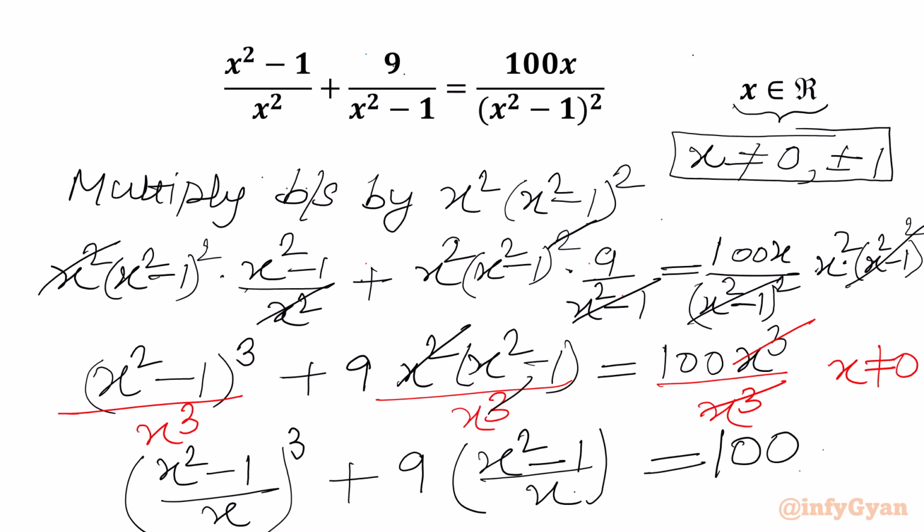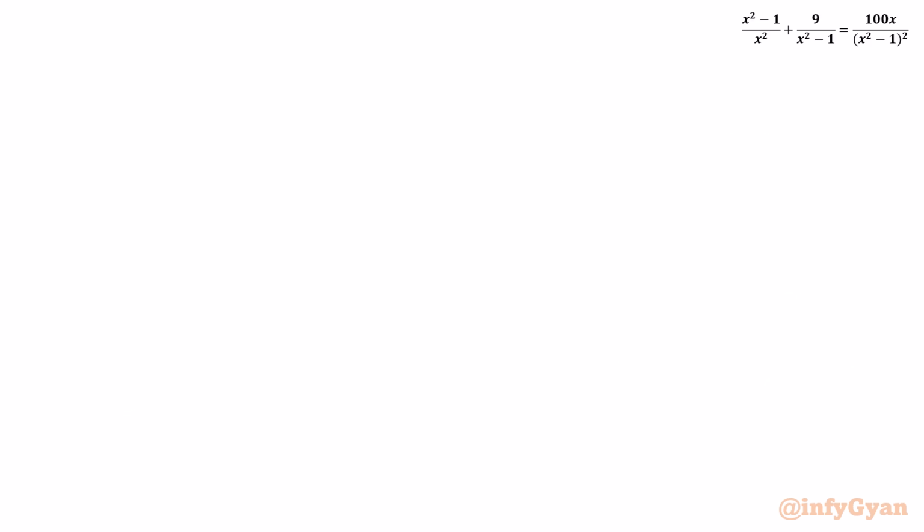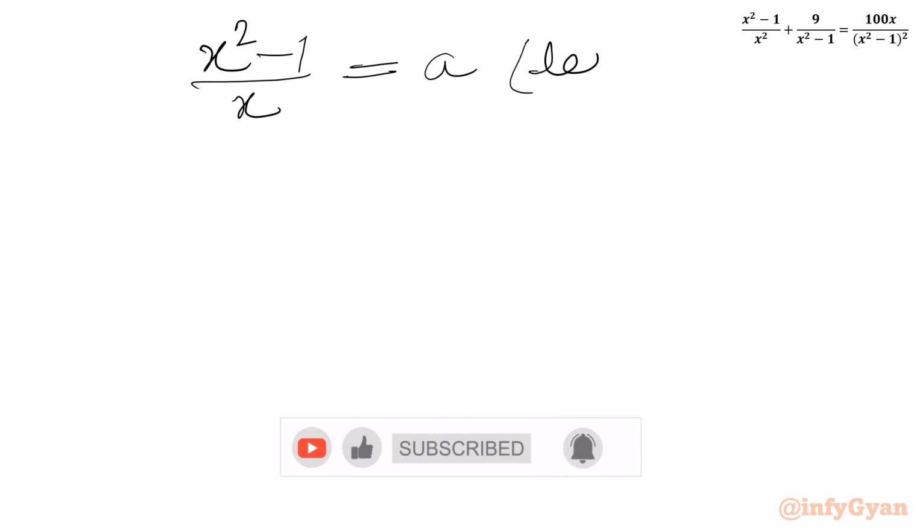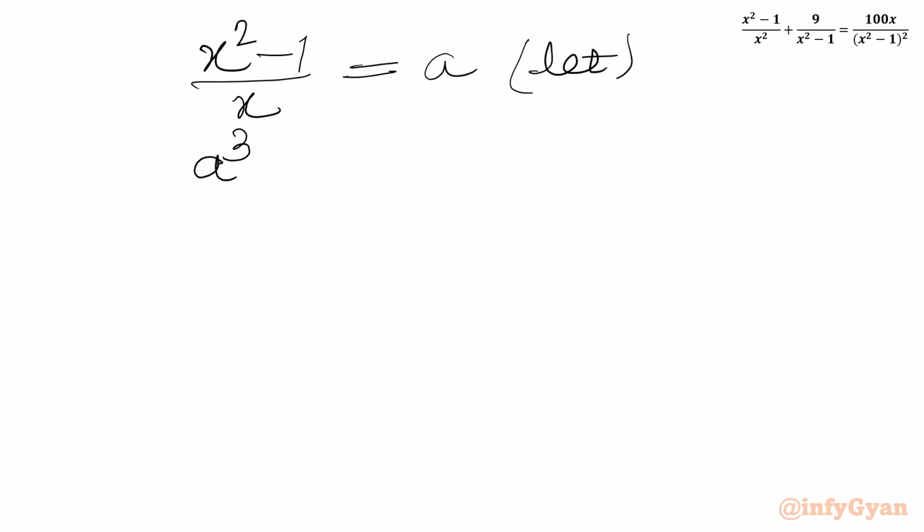So this is one cubic equation in (x² − 1)/x. So we can assume (x² − 1)/x equal to a. So our equation will become a³ + 9a = 100.